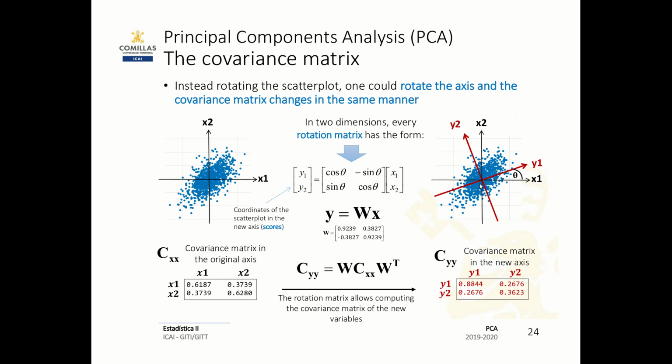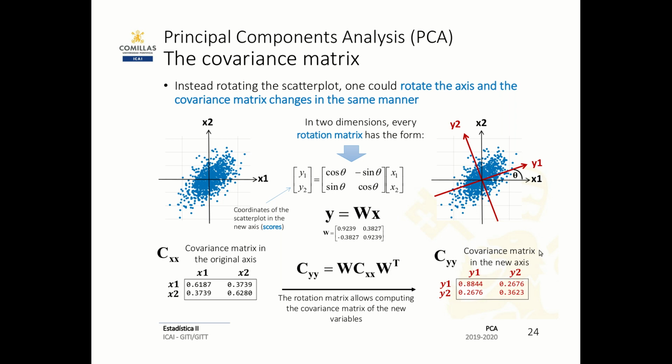Okay, so if the input covariance matrix in the X space is this one, it can be shown that if y is constructed by multiplying x by a matrix W, and this matrix is orthonormal, then the covariance matrix of y is W times the covariance matrix of X times W transpose.